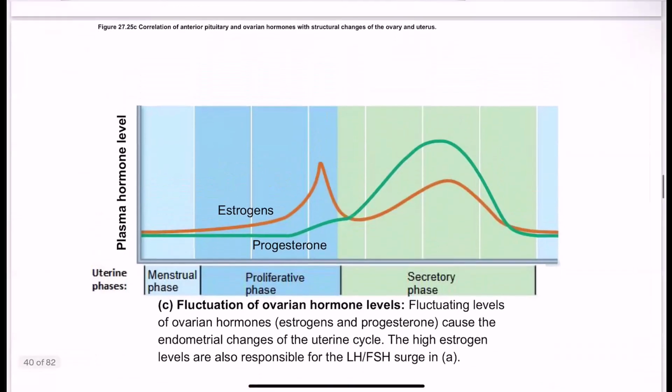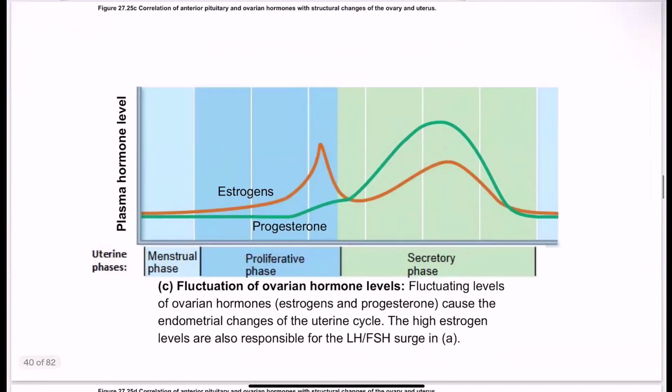This graph is showing you the hormone levels of estrogens in orange and progesterone in green. Notice that estrogens are the driving force in the proliferative phase of the uterine cycle, which is the building up of that functional layer, and it peaks right before ovulation. Progesterone rises and falls during the secretory phase, and that's when the functional layer is really preparing for implantation.